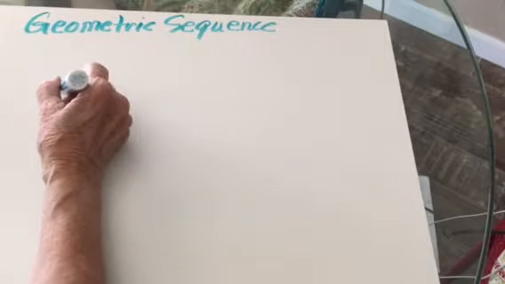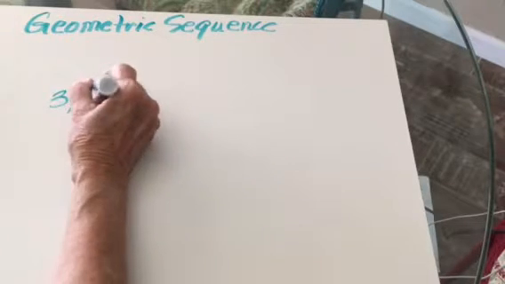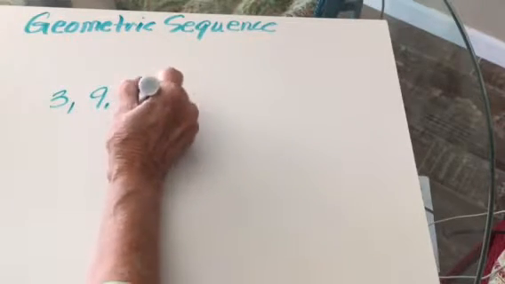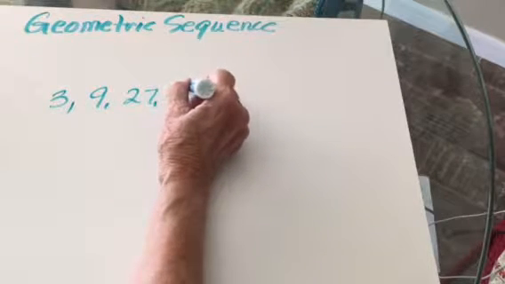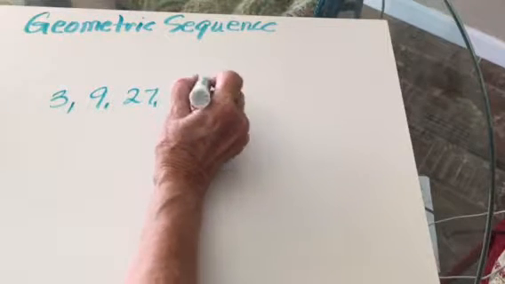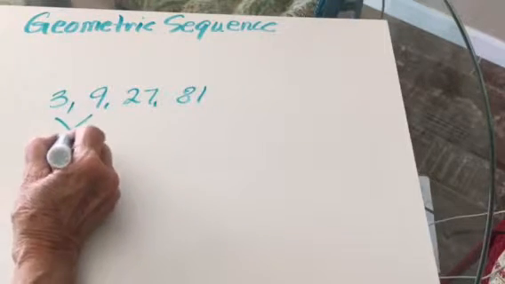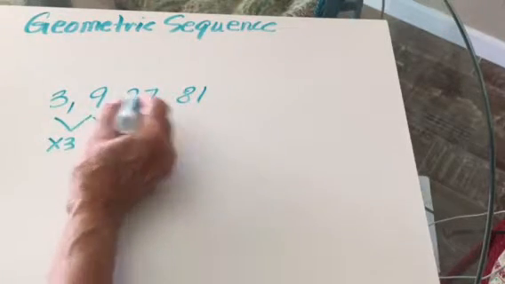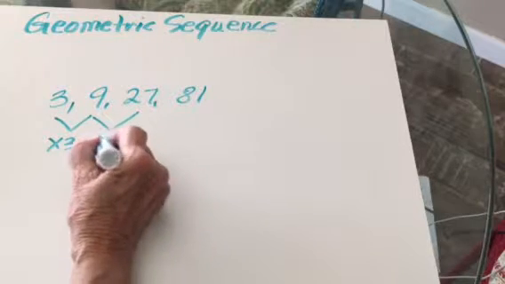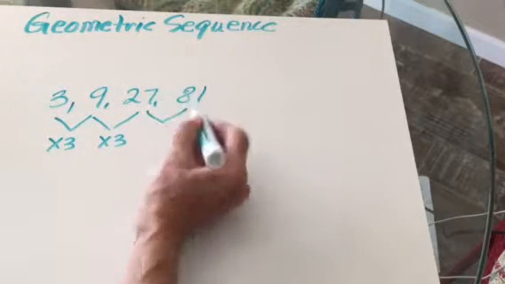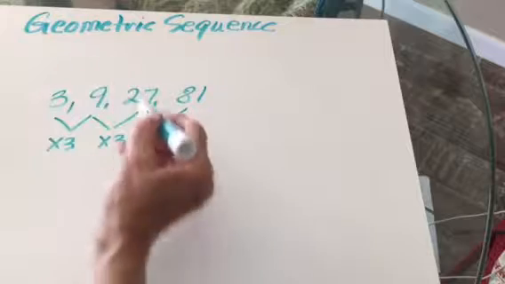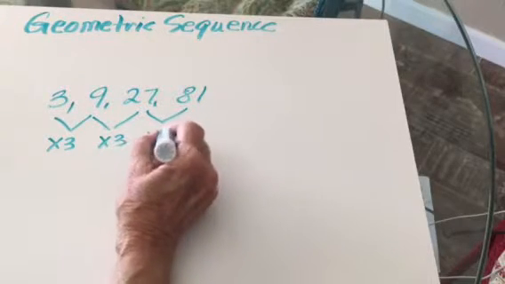What if I go 3, 9, 27, 81? All right, how do I get from 3 to 9? I multiply it by 3. How do I get from 9 to 27? I multiply it by 3. 27 to 81, if you don't know, use the calculator. But again, I'm multiplying it by 3.